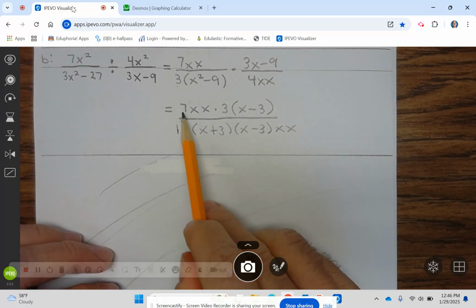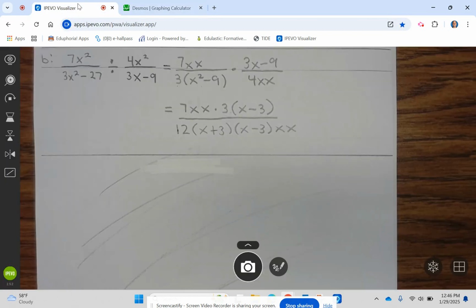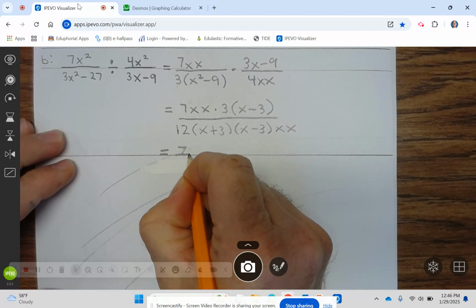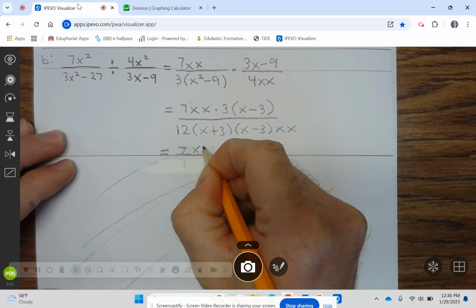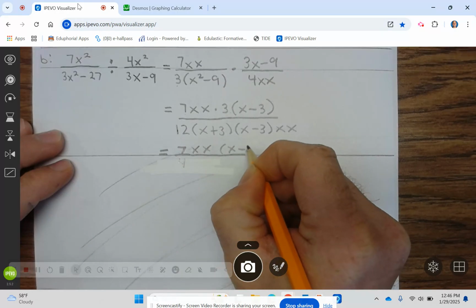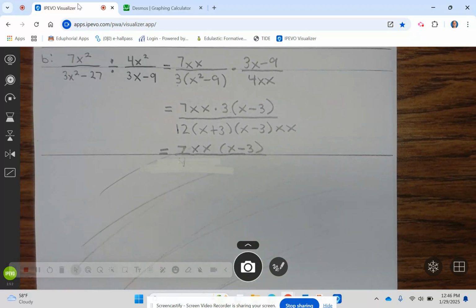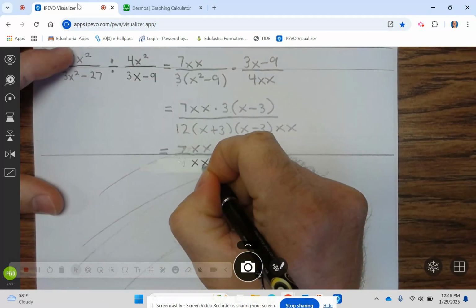All right, let's go ahead and find out what 7 times 3 divided by 12 is. It's 1.75. Let's go ahead and get the fraction, 7/4. So this is 7 divided by 4. Put the x in x times x minus 3 and then we can put the x in x here.